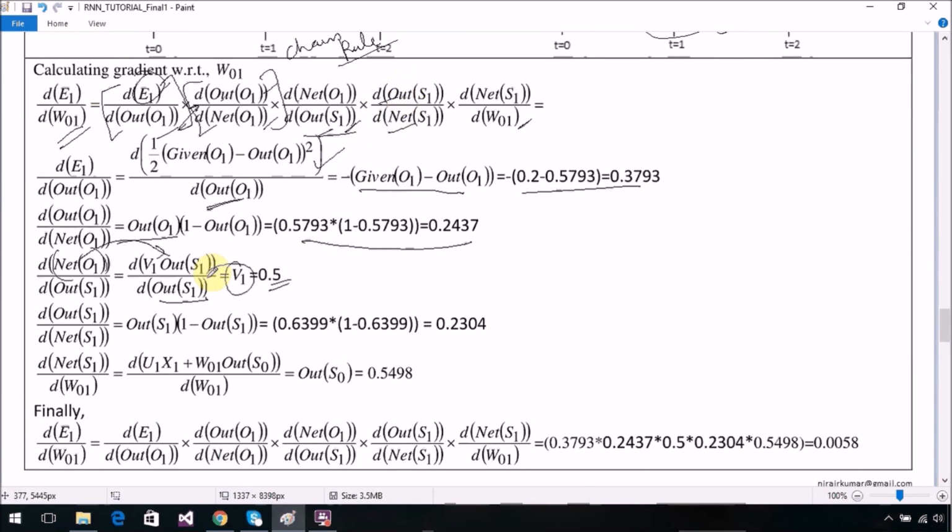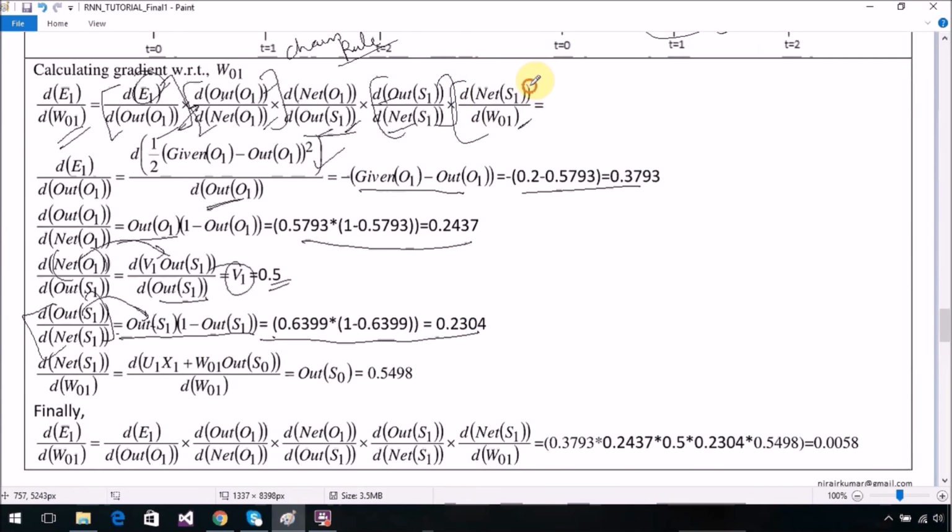Similarly, we can calculate out S1 with respect to net S1, which is again a sigmoid type of relation. So the expansion will be in the term of the numerator, and it will be like that. So by putting the value, we can get this result.